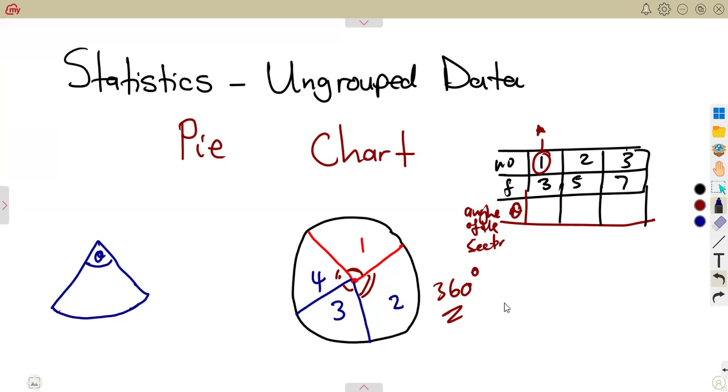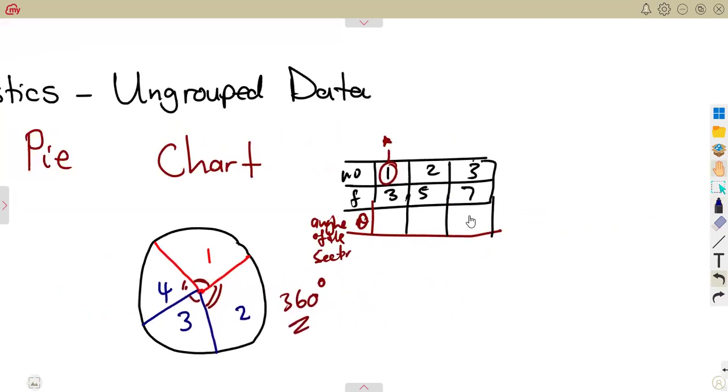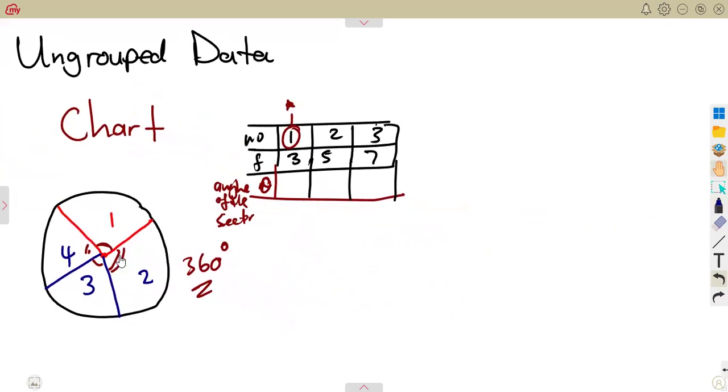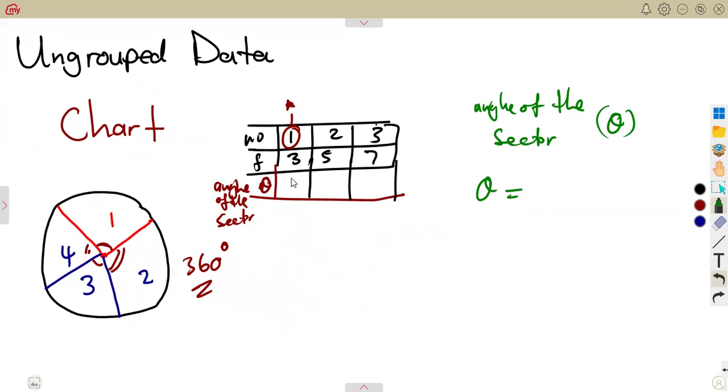So it follows that the angle of the sector can be calculated from the concept that a circle adds up to 360 degrees. So the angle of the sector, let's call it theta. It follows that theta is equal to the frequency at that point over the total frequency, because I said total frequency is equated to 360.